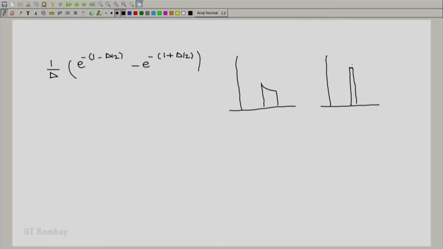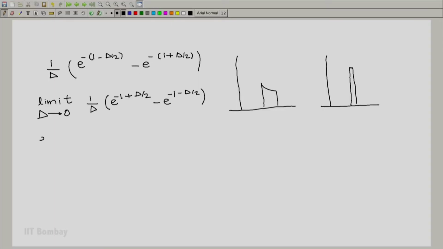So we can see that the y component of this pulse is almost constant, and if we put that in the equation we have, that is, take the limit delta tending to 0, we'll find the area of this function. So let's do that. And we can take e raised to minus 1 common from both of these, and it will also come out of the limit because it is not dependent on capital delta.